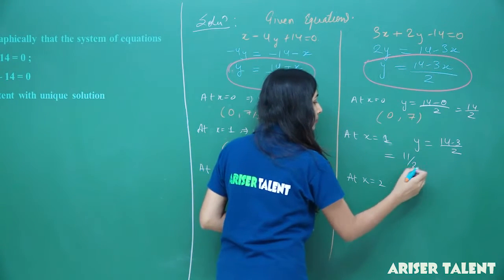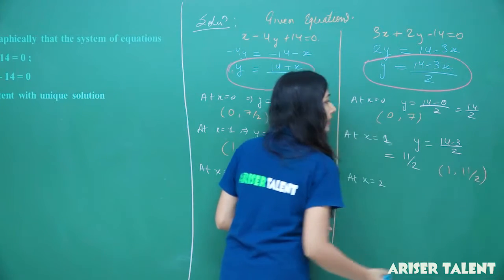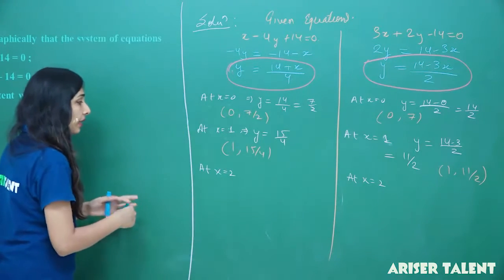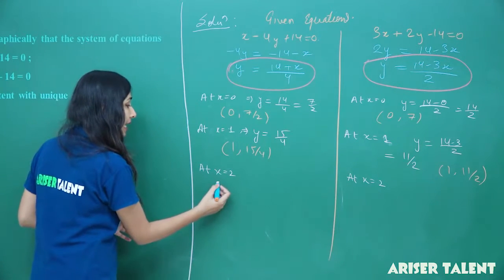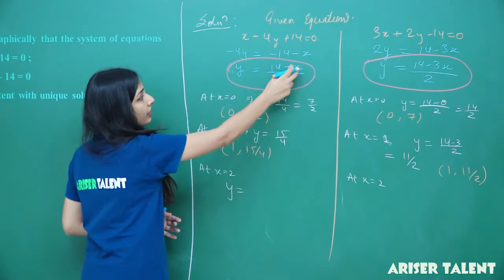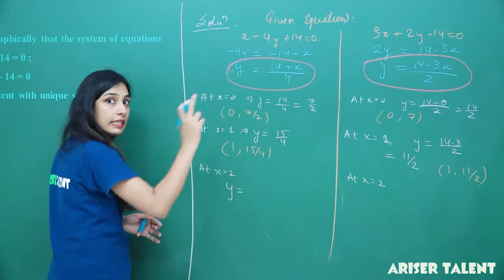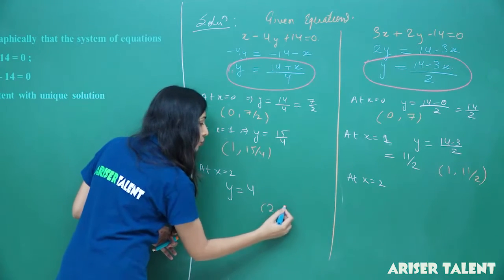That will be 11 by 2. So the values are 1 and 11 by 2, isn't it? Right. Now I am taking x equals to 2 students. At x equals to 2, I will be having y equals to what? 14 plus 2, 16. 16 by 4 equals to 4. So that will be 2 and 4.